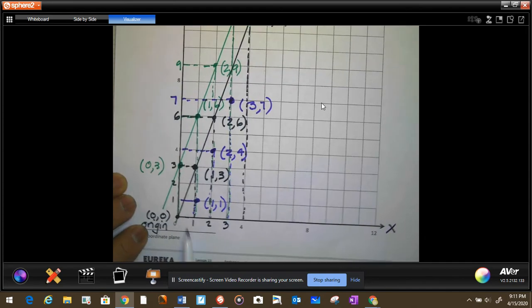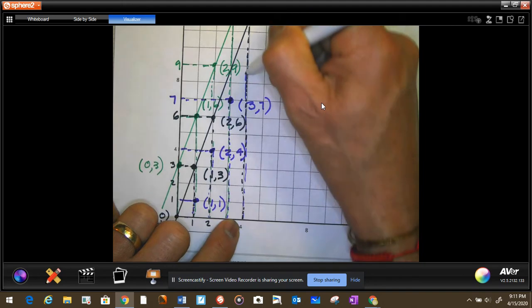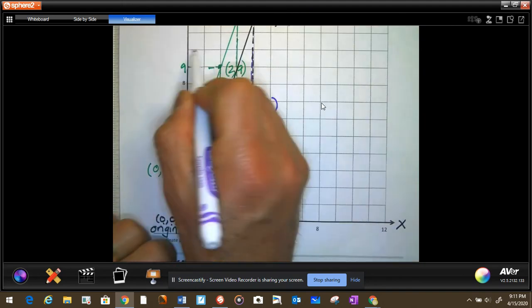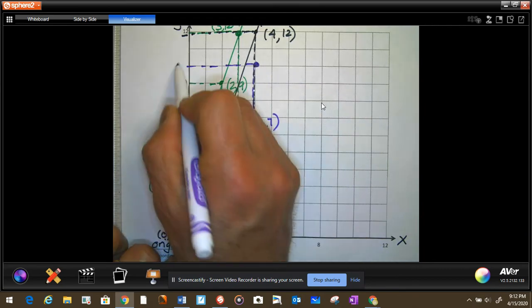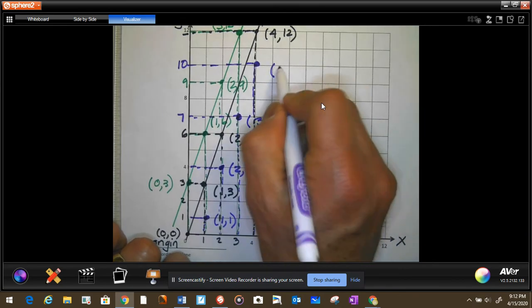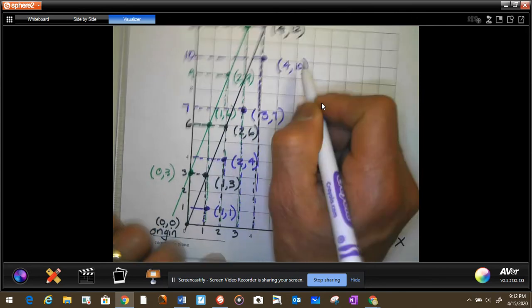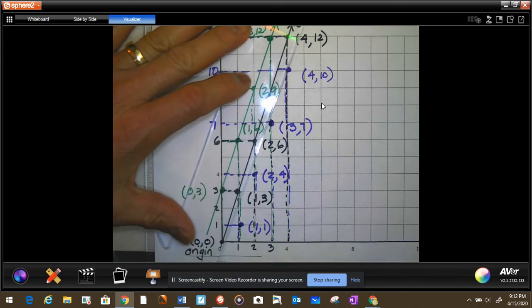So let's do that. We're going to run to 4 and jump to 10. And 10 is one more than 9. So it's going to be right here. And let's label the point with the coordinate pair (4, 10). Now we're going to connect all the dots that make this line.